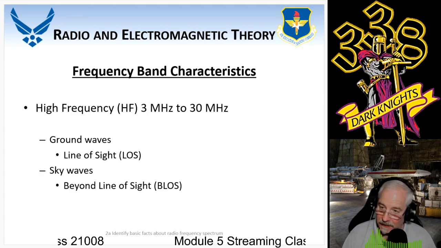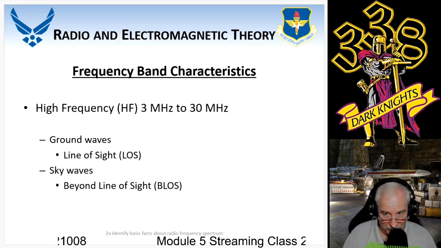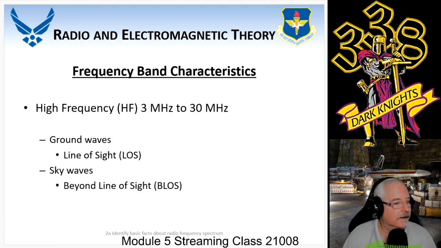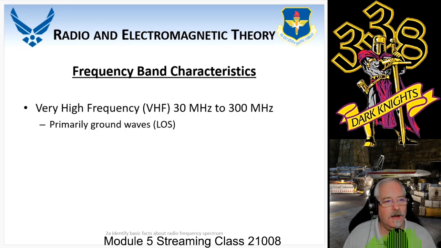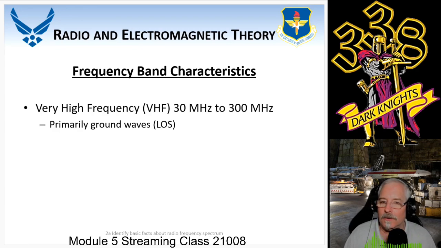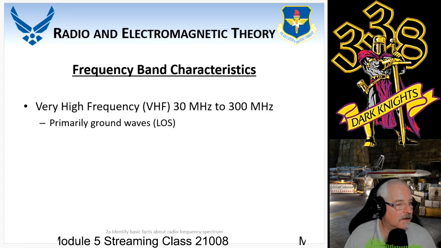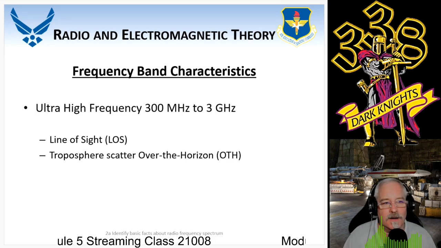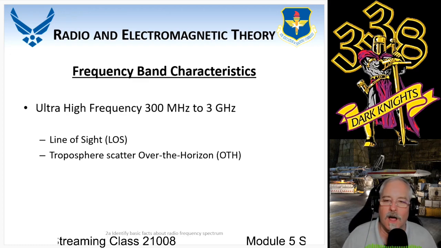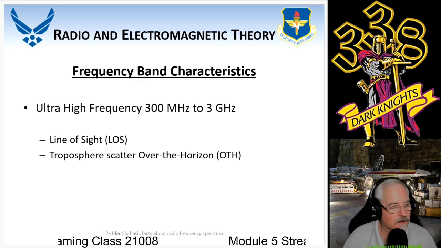And it has everything to do with the frequency, the time of day, and the antenna that you have, and we'll get into that later. You have VHF, this is your 30 to 300 meg. This is primarily used for line of sight. And then when you start getting into the UHF, this is where it could be used for over the horizon on a consistent basis.